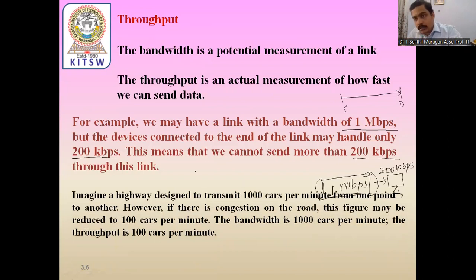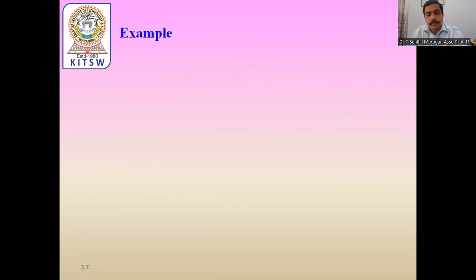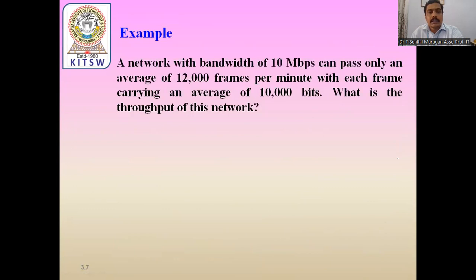If we put 1000 cars on a road, the road will be filled and congestion may occur. Due to that, only 100 cars per minute move. The bandwidth is 1000 cars per minute, the throughput is 100 cars per minute. Similarly here, bandwidth is 1 Mbps and throughput is 200 kbps. So now we will see simple examples.